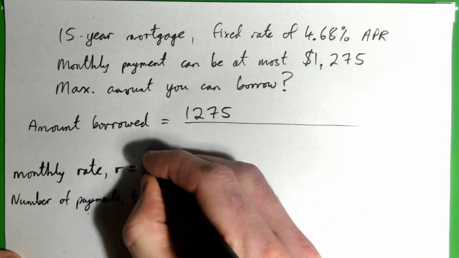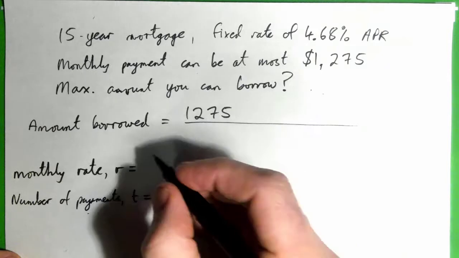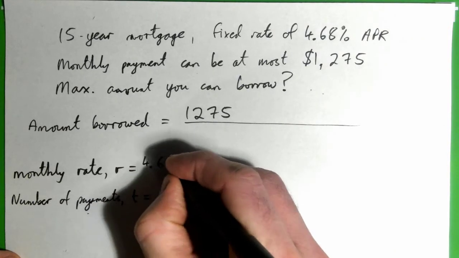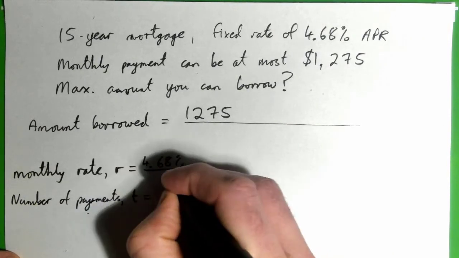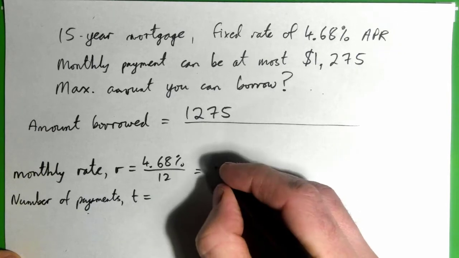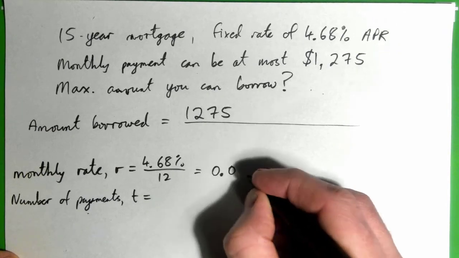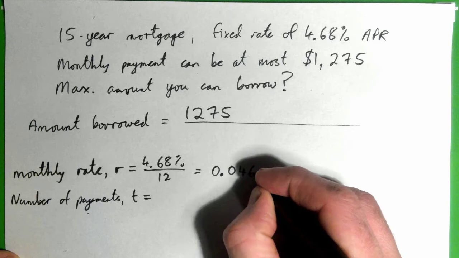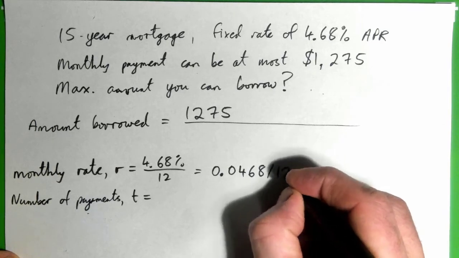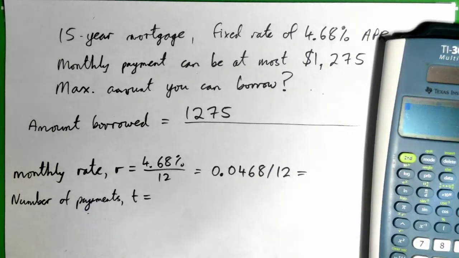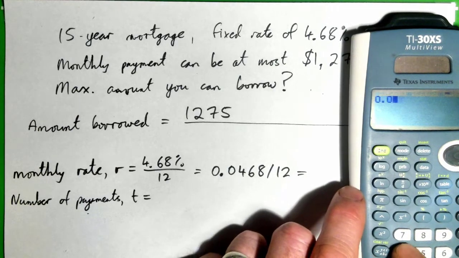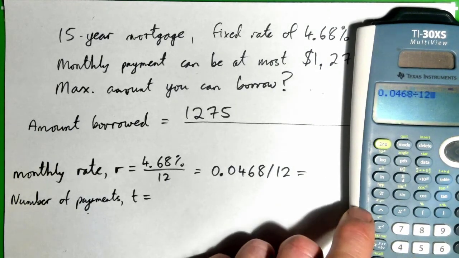So we take our 4.68% divided by 12. So that's 0.0468 over 12. It's probably some long decimal. Oh, and it's not.